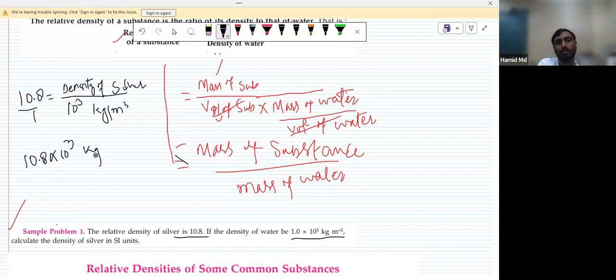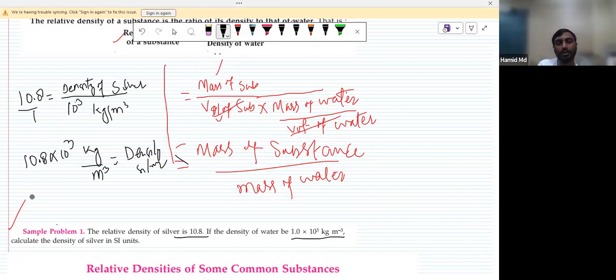This is in kilogram per meter cube, and this is your density of silver. If you want, you can write 108 by 10 into 10 into 10 into 10.